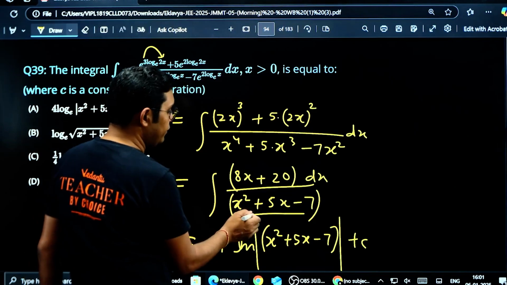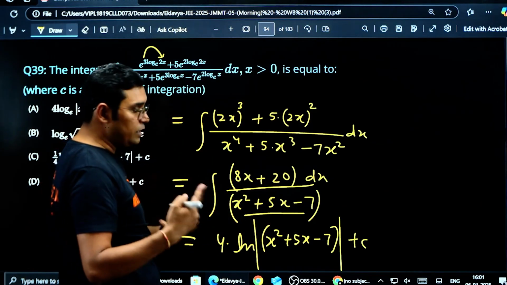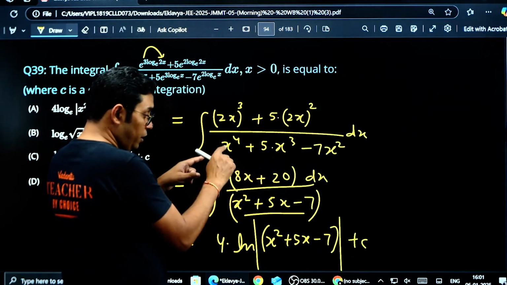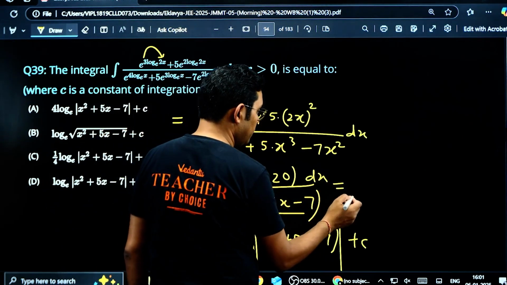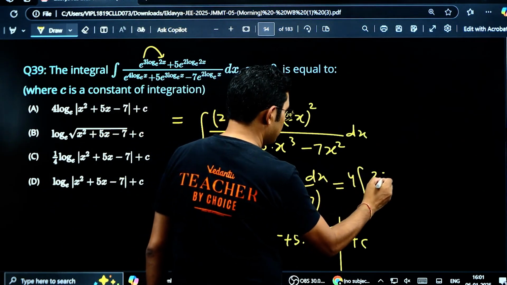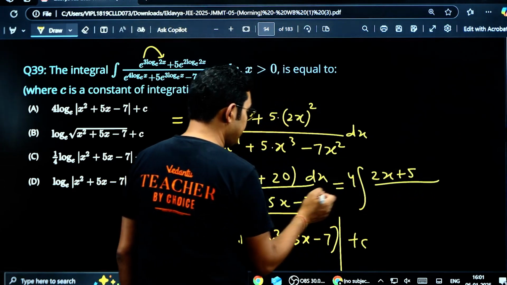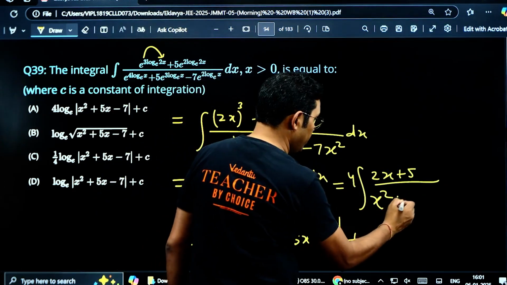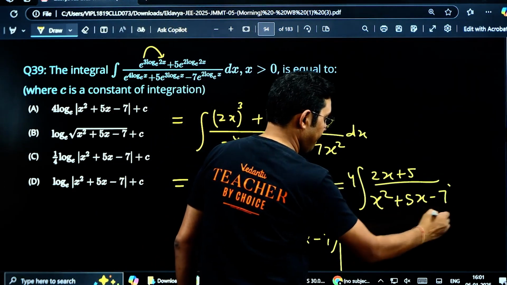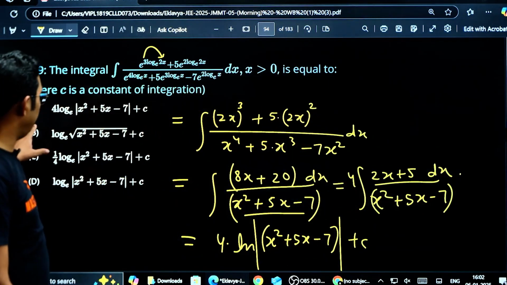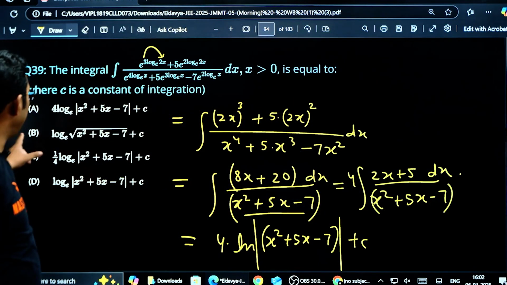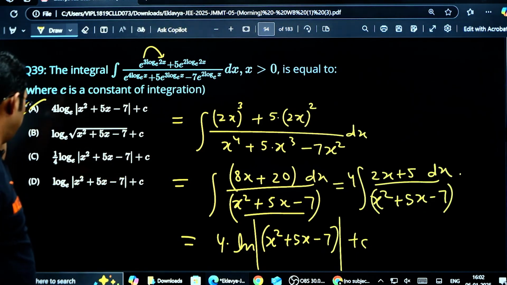Again I am saying, the derivative of the denominator is 2x plus 5, and 8x plus 20 is 4 times that. If you take 4 common, then it is 2x plus 5, which is exactly the derivative of this quadratic written in the denominator. So from that you get the answer as 4 times this thing, I think A.